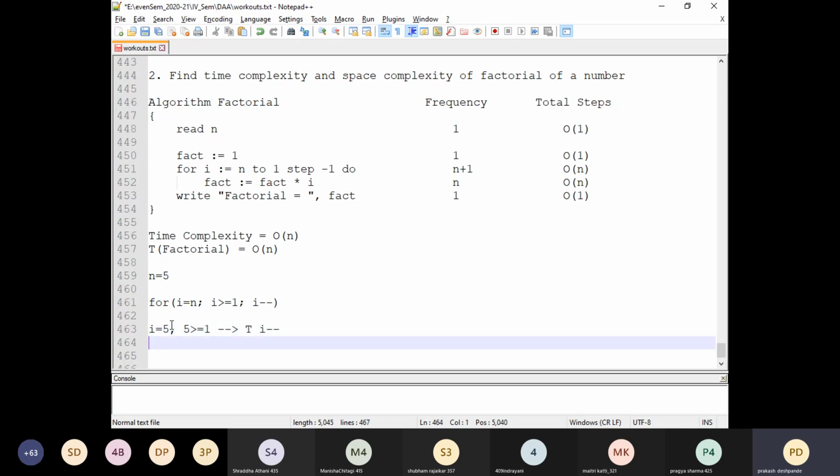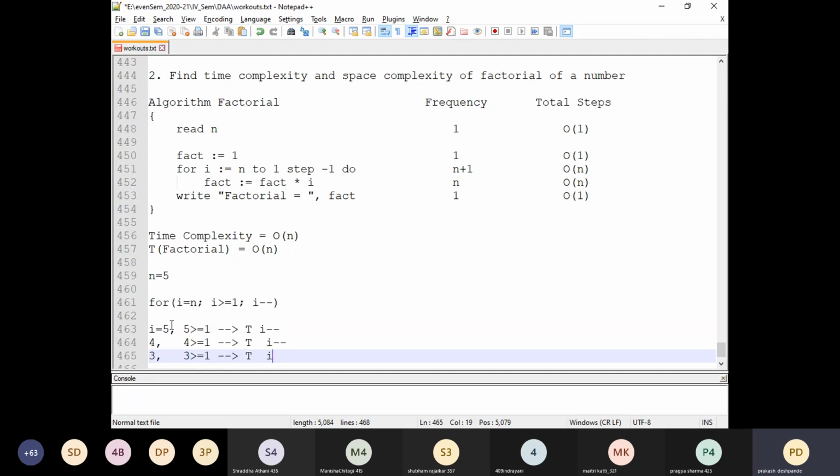Next time I becomes 4. That is 4 greater than or equal to 1. Again the condition becomes true. It will execute its statements, then again I minus minus will happen. Then next I becomes 3. Then 3 greater than or equal to 1. Condition is still true. Right?